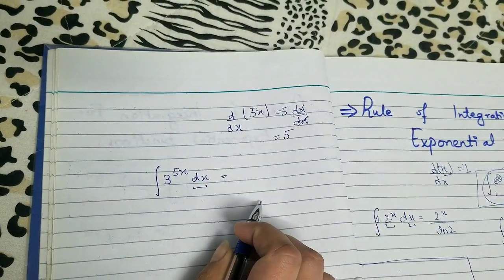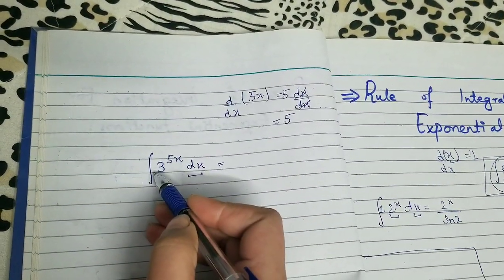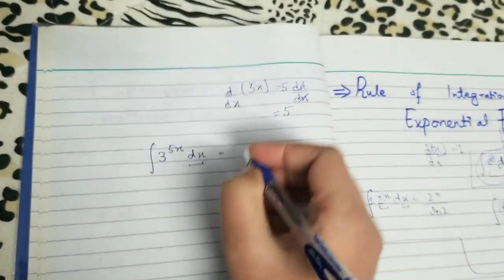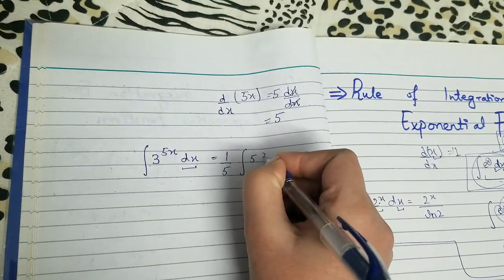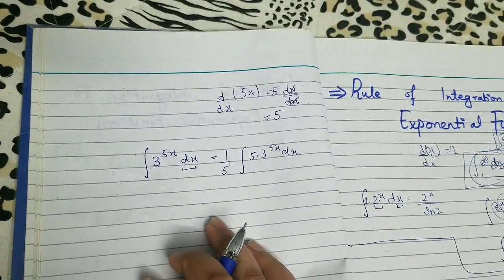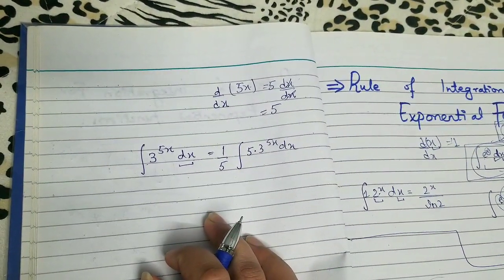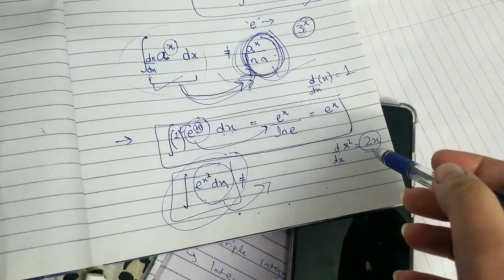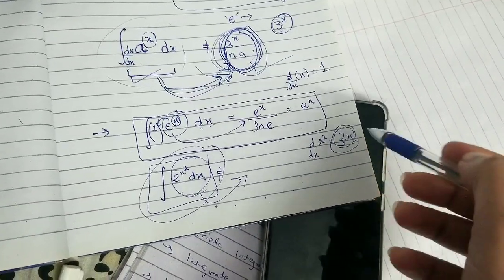So the derivative of the power is 5, and we can see that 5 doesn't appear beside the exponential function. Since 5 is a constant number, we can simply divide it outside the integral and multiply it inside the integral so that the situation holds, because a constant number can be multiplied or divided inside or outside the integral, but a variable cannot be. Here the derivative of the power was 2x, and x is a variable.